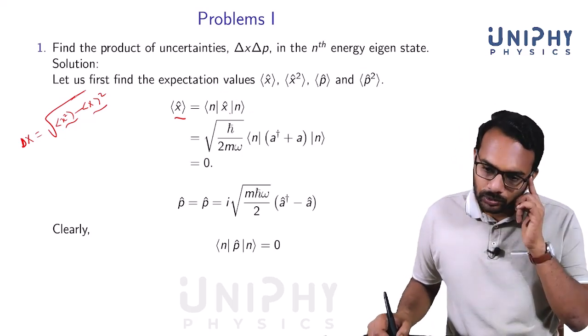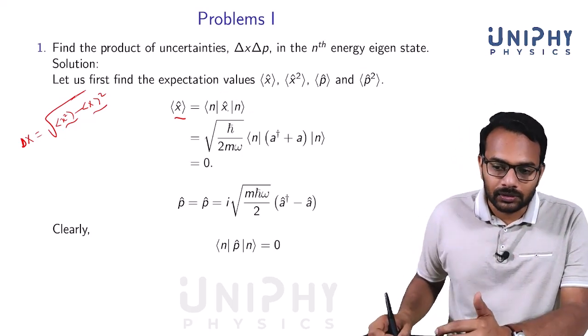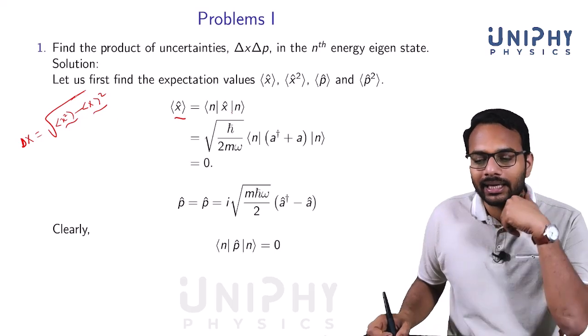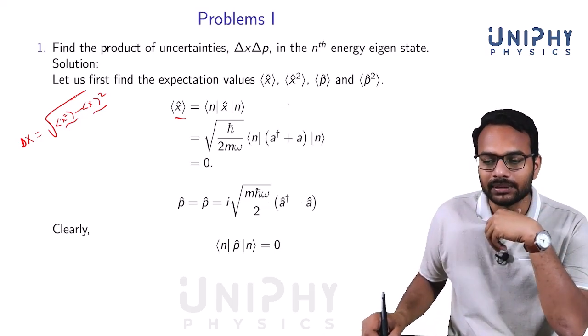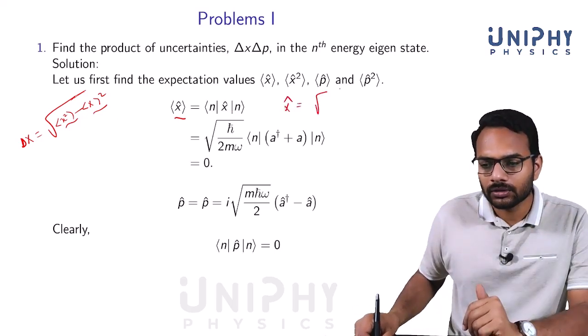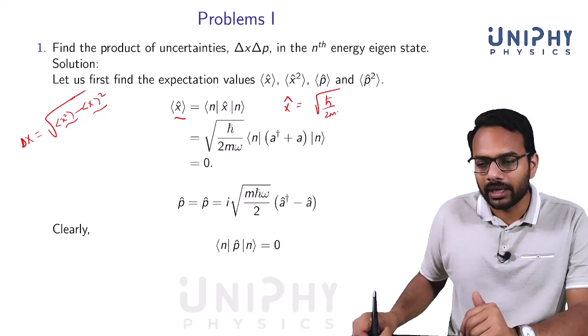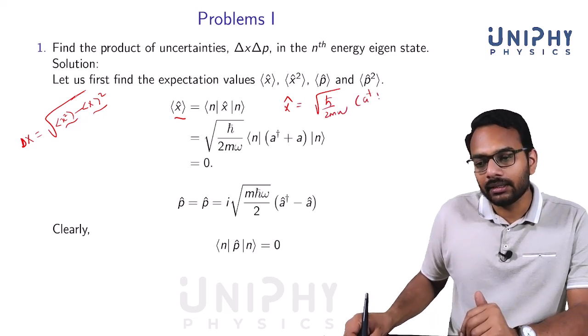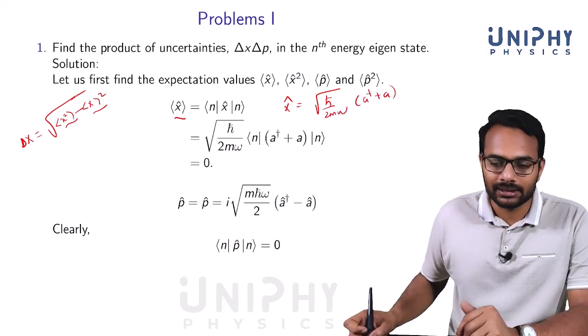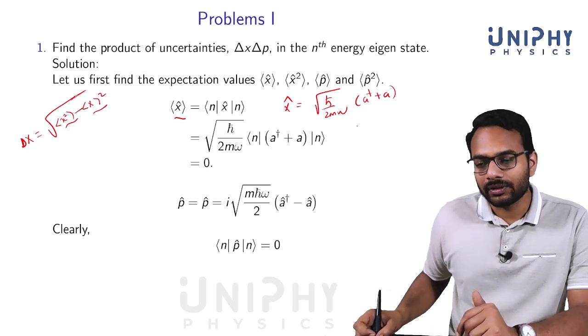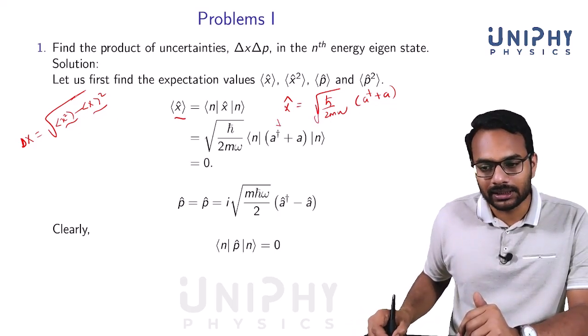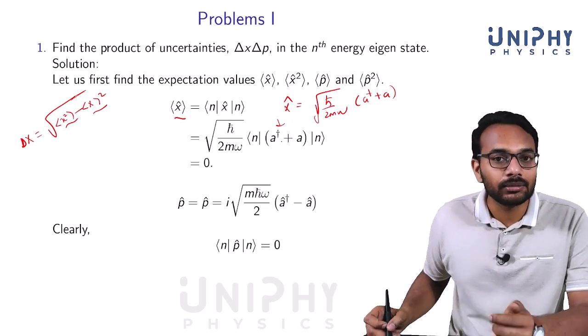Now we substitute for x cap in terms of a and a dagger. We know that x cap is equal to the square root of h cross by 2 m omega times a dagger plus a. We substitute it here and we see immediately that this has to be 0. Why?